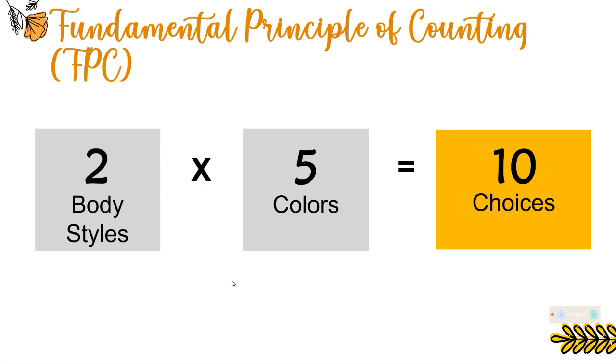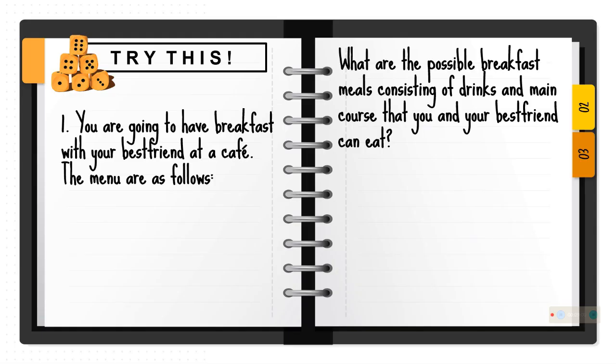We have already determined the methods on how you are going to find the number of occurrences. We have illustrated them by using some illustrations and making some table and listing and the fundamental principle of counting. And then we of course find the number of choices that we have on the examples. Okay, so let's try this.